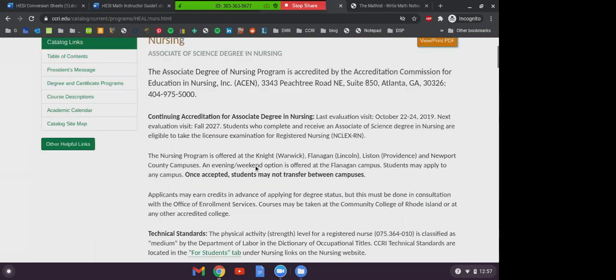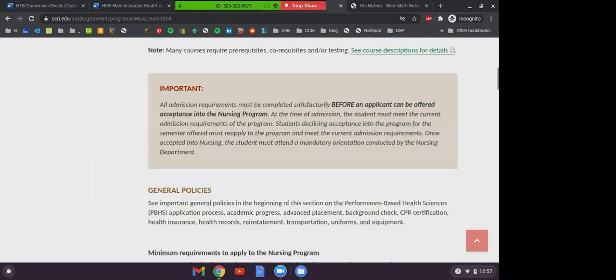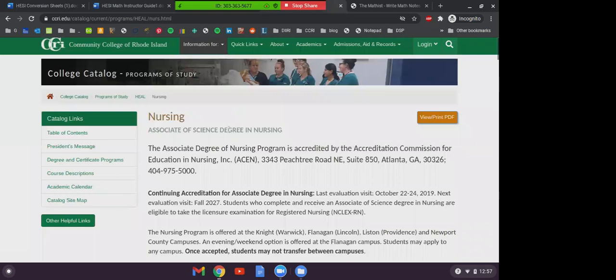Nursing requirements change, year after year, semester after semester. So it is a good idea to always make sure we know what we have to do to apply to the program. Right now, the HESI is one of those requirements. And I believe they would prefer an 80 as a minimum score.